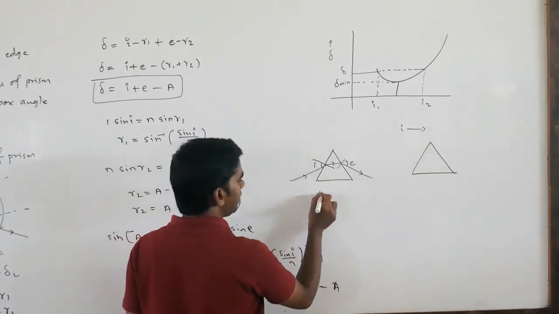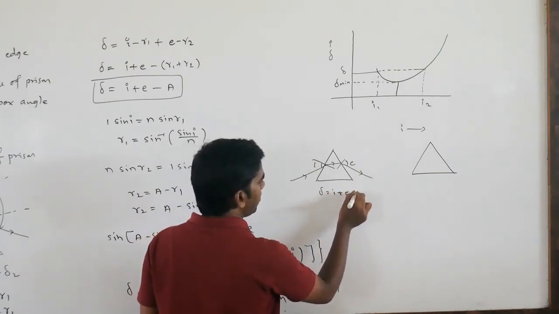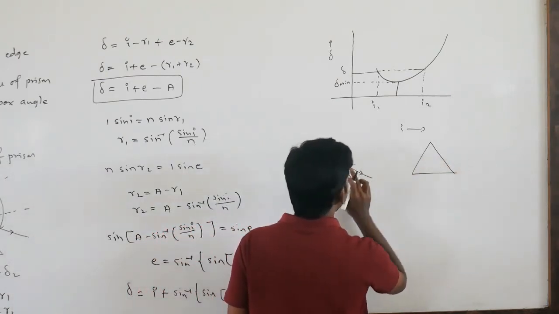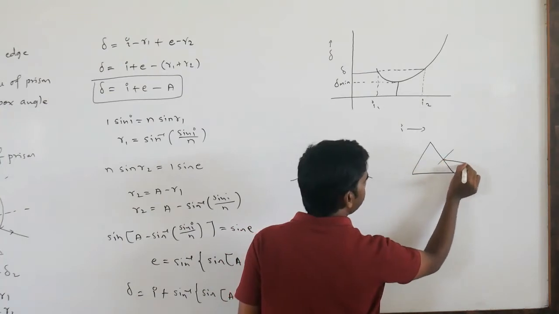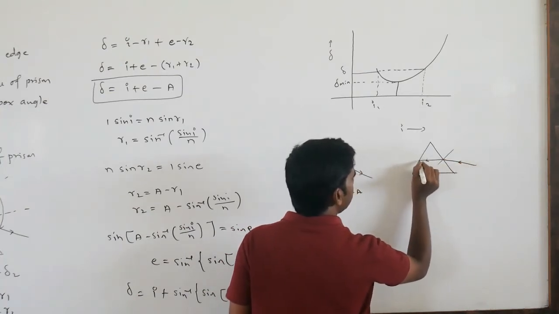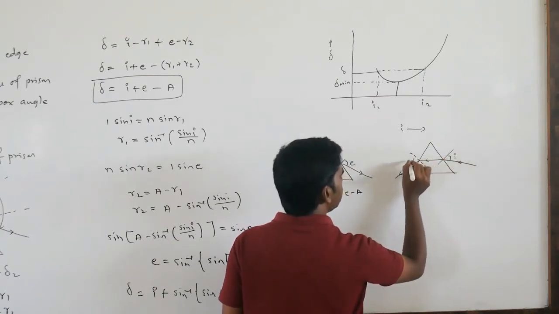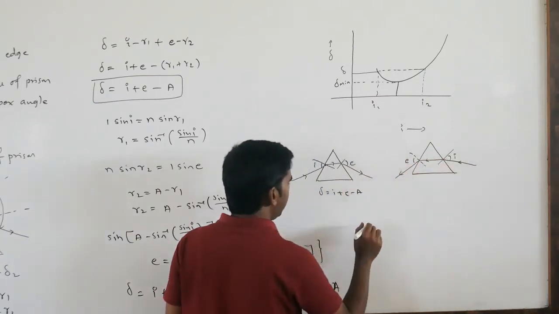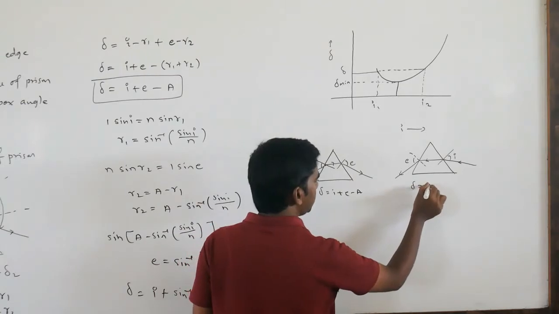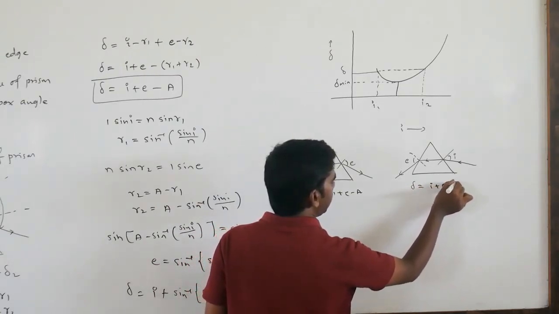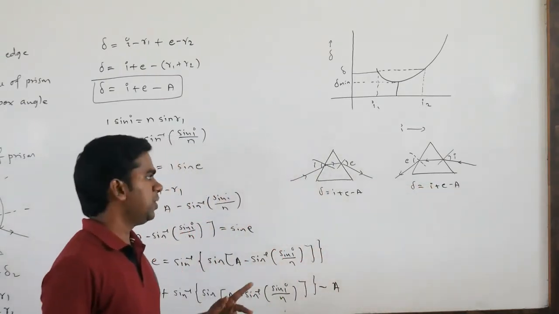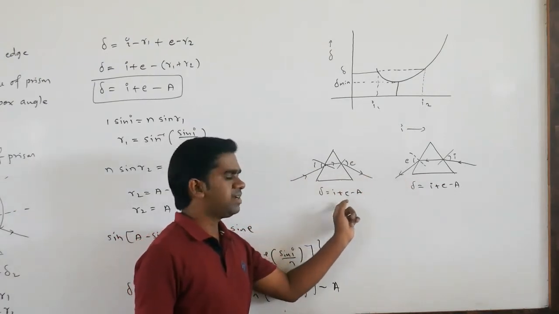what is delta here? Delta is I plus E minus A. So instead of coming from this side, if you change the direction with the same angle, this is going to be I, this is going to be E. So again your delta is what? Delta is going to be I plus E minus A only. Okay, for two angles of incidence, the delta remains the same.